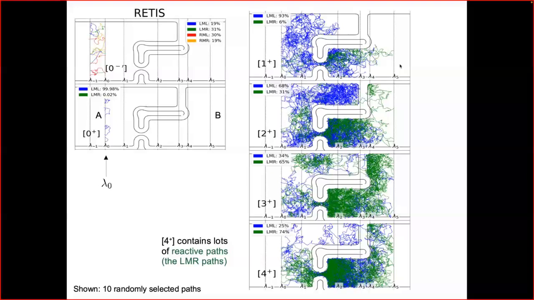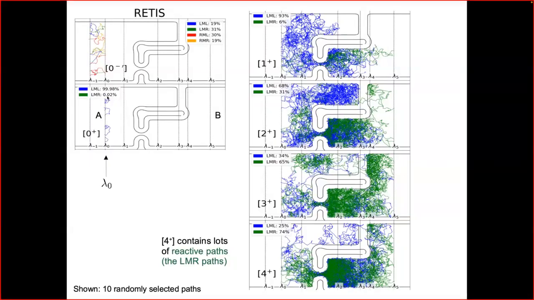Here it's already 1. Here we have like 1, 2, 3. Here it's more difficult to count. 1, 2, 3, 4, 5, maybe 6. And here we have actually 1, 2, 3, 4, 5, 6, 7, 8-ish. We have many more paths. We see here a percentage of about 74% of reactive paths compared to the 0 minus to less than a percent of green paths.